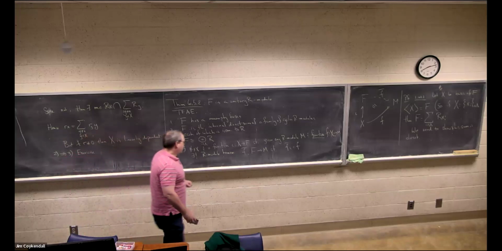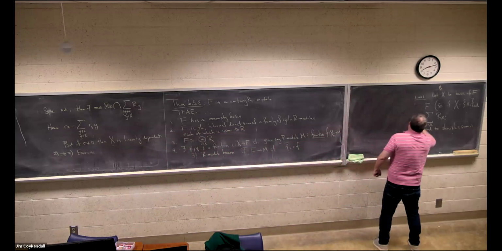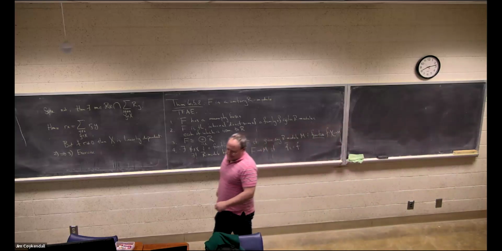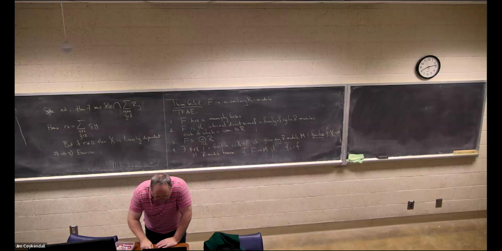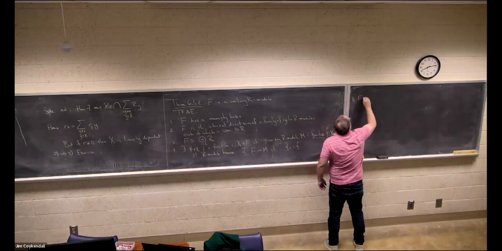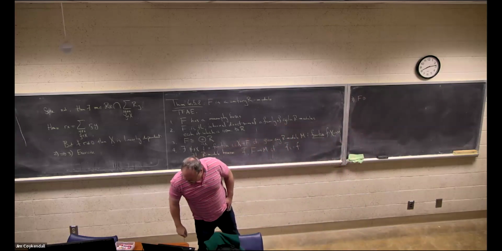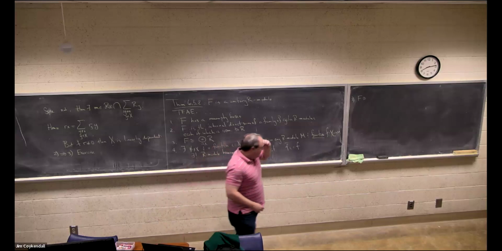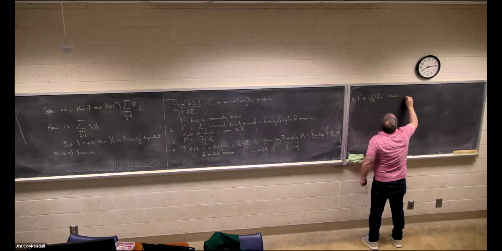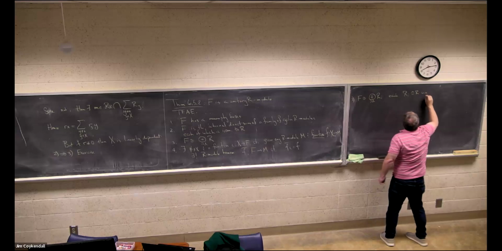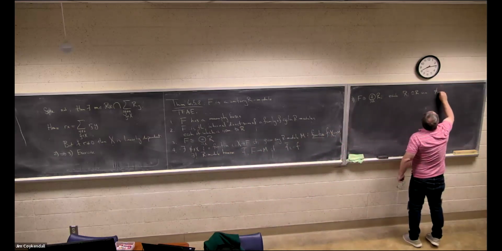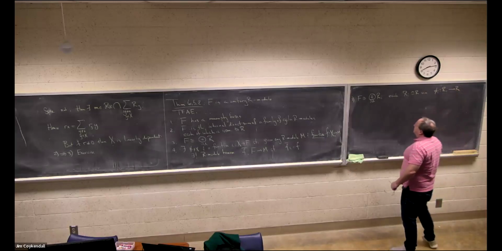How about 3 implies 4? We'll let F be isomorphic to some direct sum of copies of R, which I'm going to index by I, with each Ri isomorphic to R via a function vi.